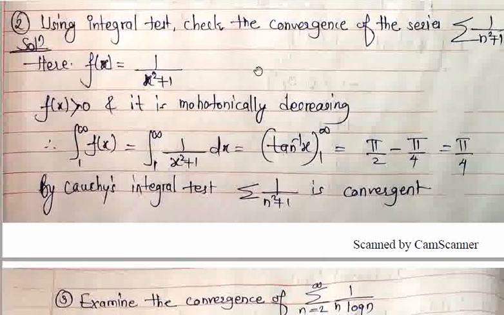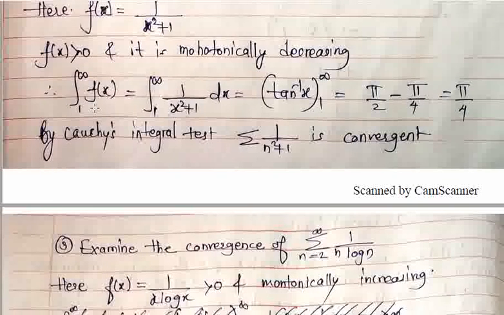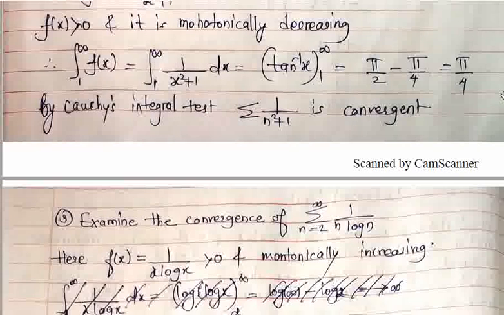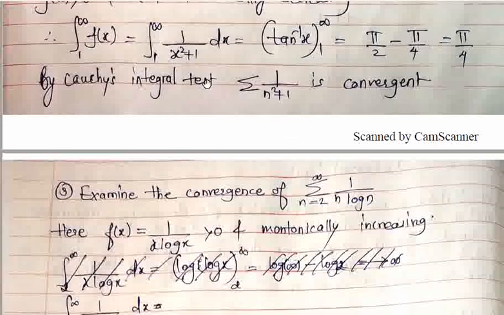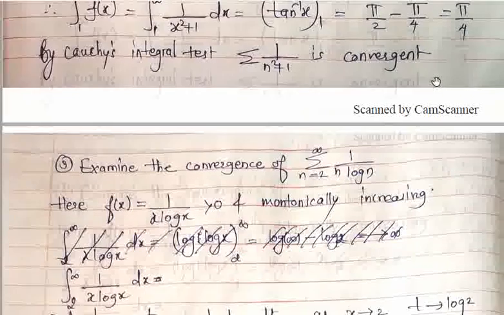So that's why it is monotonically decreasing. And here you write the integral, which is the standard integral of arctan of x between the two limits infinity and 1, and you get pi over 2 minus pi over 4, which is pi over 4. So by Cauchy's integral test, it is convergent.